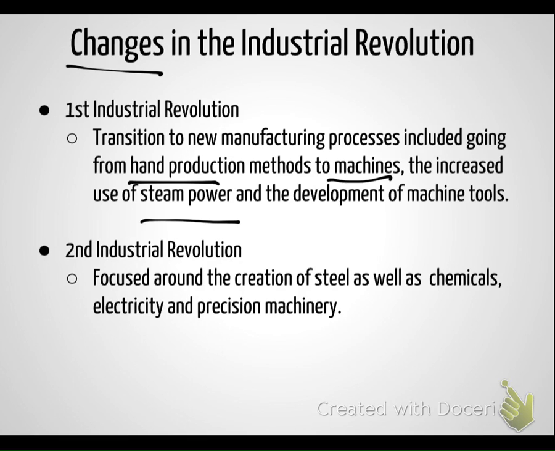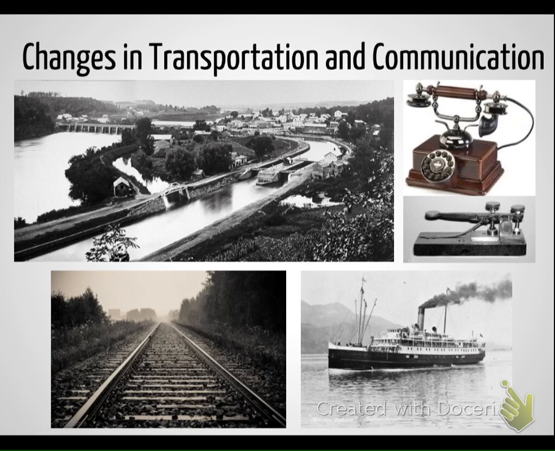The second Industrial Revolution is marked by the key words steel, chemicals, electricity. Those are the different things that will happen as time goes on and technology develops at a quicker pace. From hand production to machines all the way up to steel and electricity, the world is changing faster than ever. Huge changes. Another change, like I said, would be a great essay.